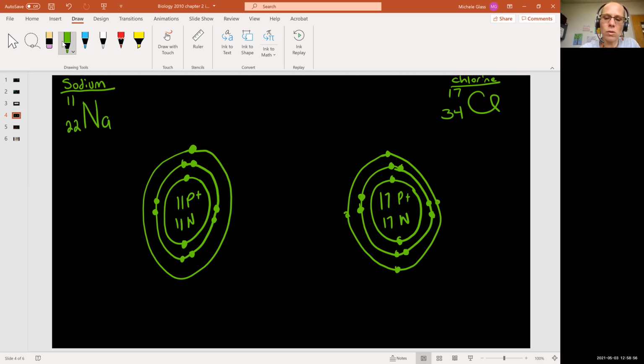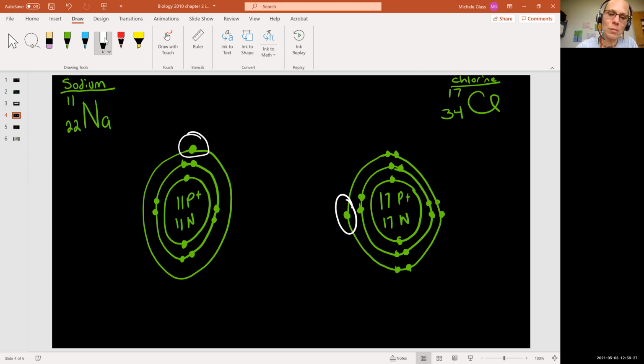And when you get your chlorine drawing complete, notice that you have unpaired electrons in the valence shell. So when we have unpaired valence electrons or an incomplete valence shell, then we have reactive atoms. And reactive atoms are going to do some kind of chemical bond in order to complete that outermost shell.